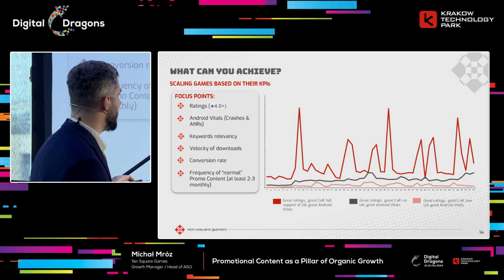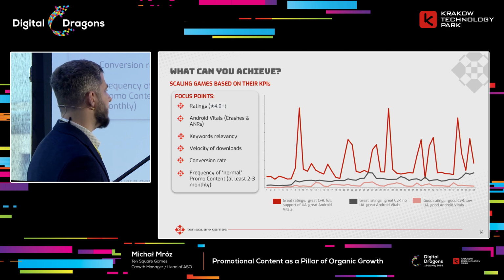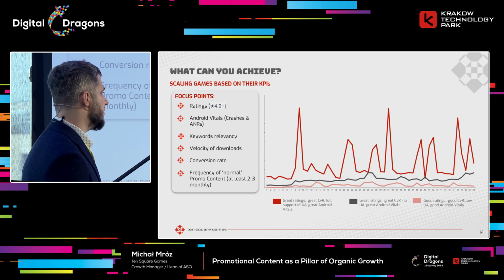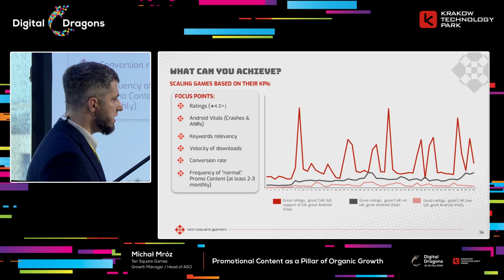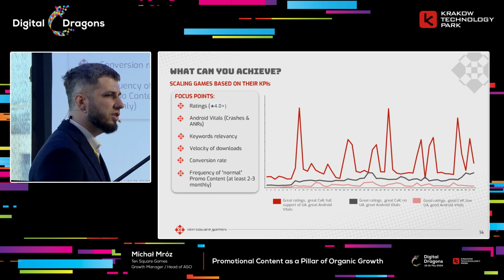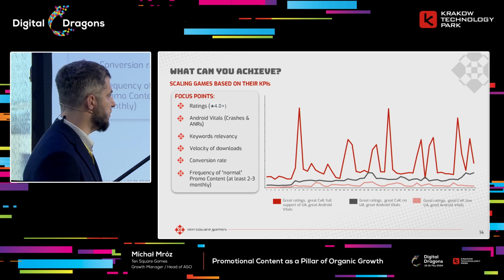So for example, here we were only able to acquire this kind of uplift and this kind of uplift, and then this one was a bit bigger and lasted for a longer period of time, maybe because we had already accumulated some traffic here and the quality was still there. But there was no paid acquisition, no extra velocity of downloads, and because of that, the effect was also much lower. But it doesn't mean that you always have to just push your paid acquisition, because here we have a third kind of game that has some paid acquisition in it, and it performs worse than the one that doesn't have any support from the paid acquisition team.